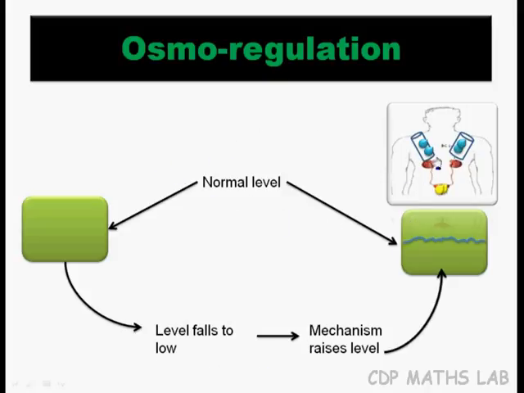And then now ADH is secreted into the blood and then causes the kidney to reabsorb water, to allow water to return to the blood, and then it also causes you to drink more water. And that's basically osmoregulation.